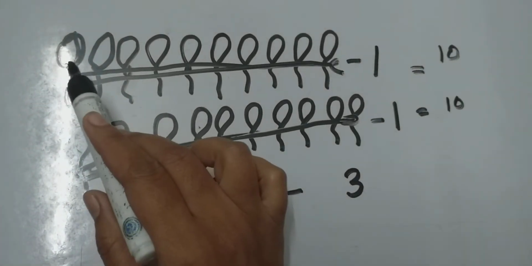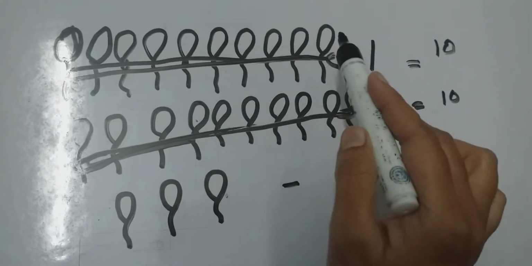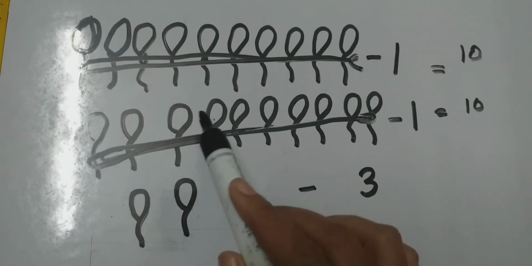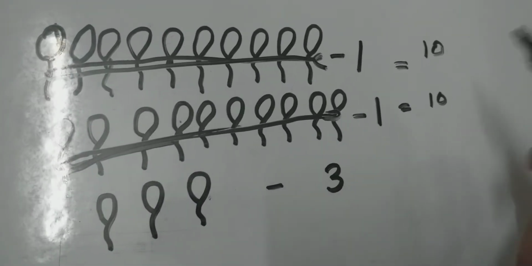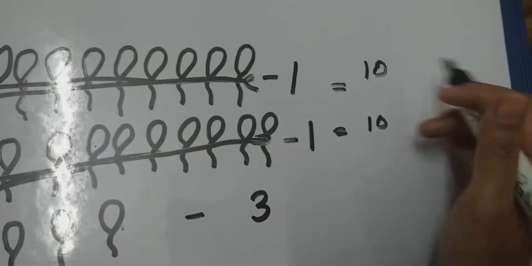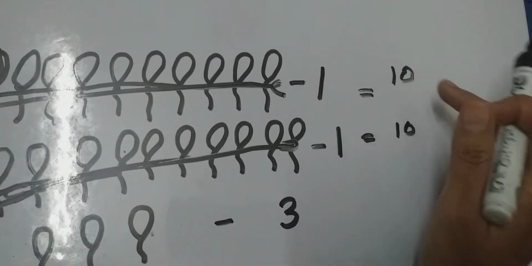Let's count 1, 2, 3, 4, 5, 6, 7, 8, 9, 10, 11, 12, 13, 14, 15, 16, 17, 18, 19, 20. ओके, सो हमारे पास क्या है, कितने बलून्स हैं, 20 बलून्स हैं.